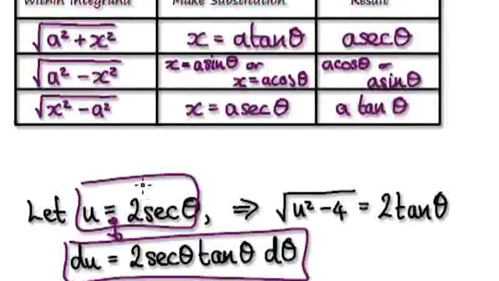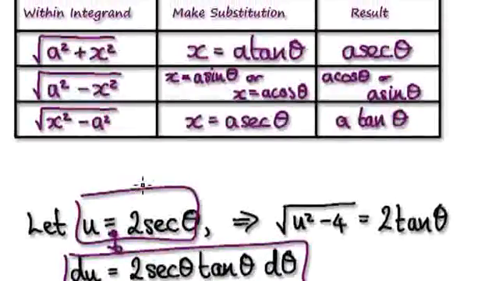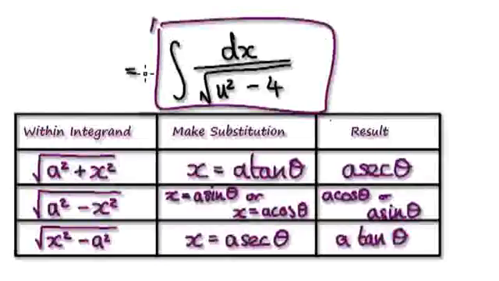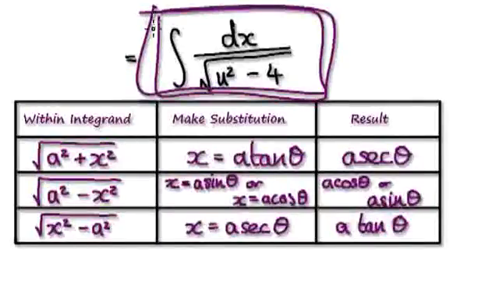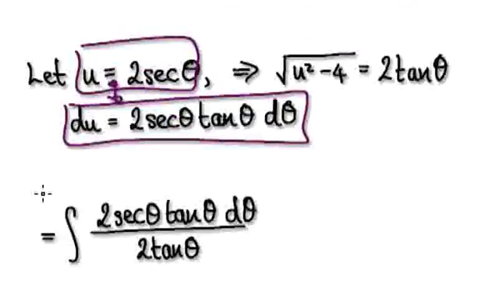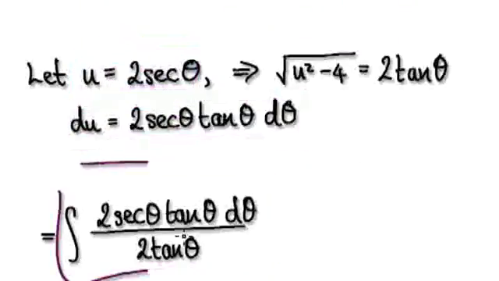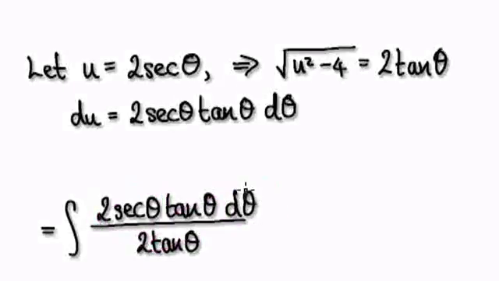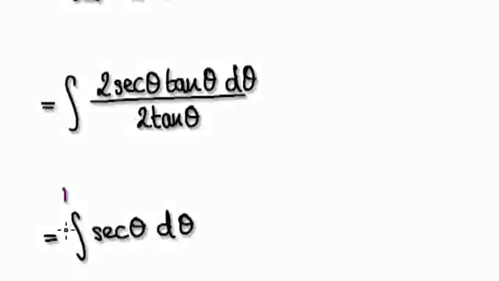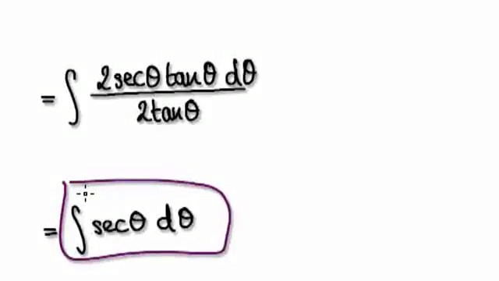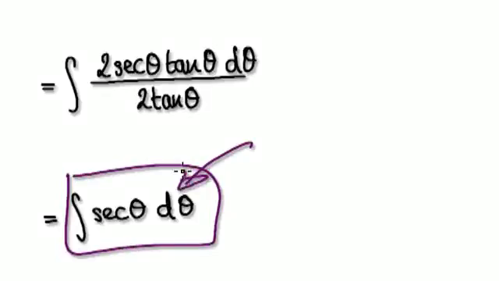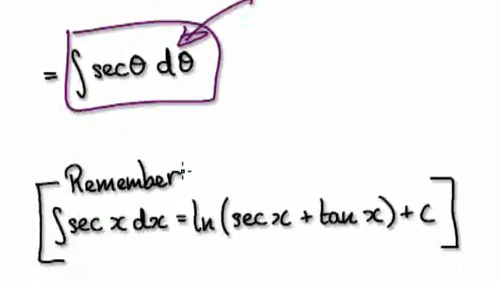Now substitute back into here, then this thing here becomes this. And then you can see the 10 cancels out, the 2 cancels out, leaving you sec theta d theta. Now we spent a lot of time trying to integrate this in the past, so we've actually seen this.